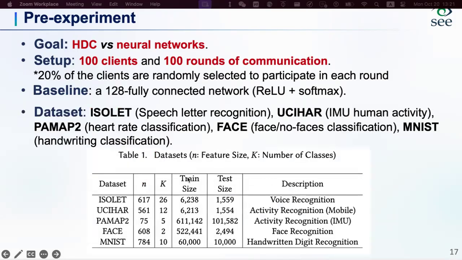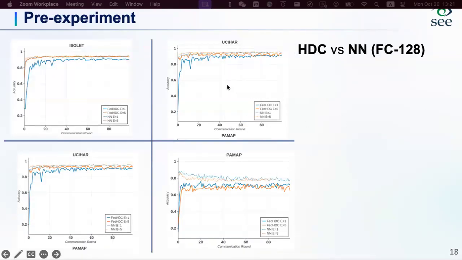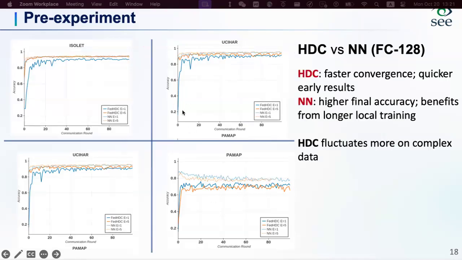For the evaluation, we use several public datasets, including ISOLET, UCIHAR, FACE, and MNIST. The test results are shown in the figure. We can see that compared with the neural network, HDC has a faster convergence speed and can provide earlier results. But the neural network can achieve better accuracy.